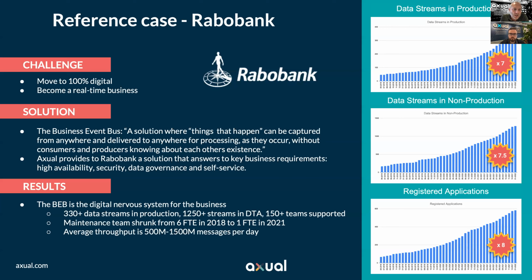And this was all in a period where we reduced the headcount of the central team from 6 down to 1 FTE in 2021. So it's a tremendous increase in productivity and a tremendous increase in uptake. Presently, there are over 300 data streams in production, and there are 150 different teams working in parallel on the same platform, all with the same common Kafka underneath.